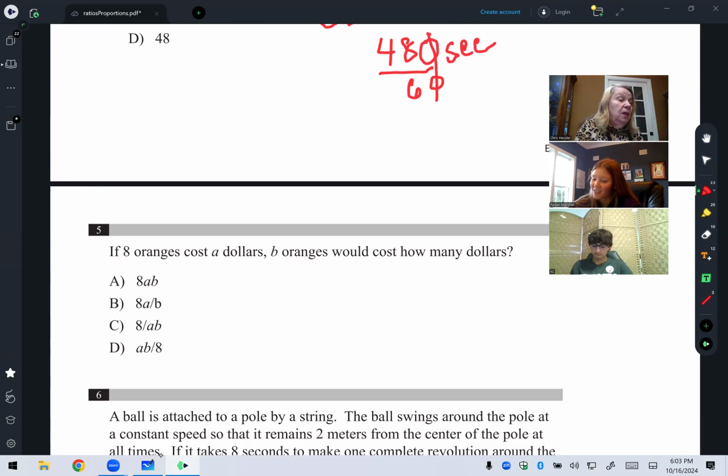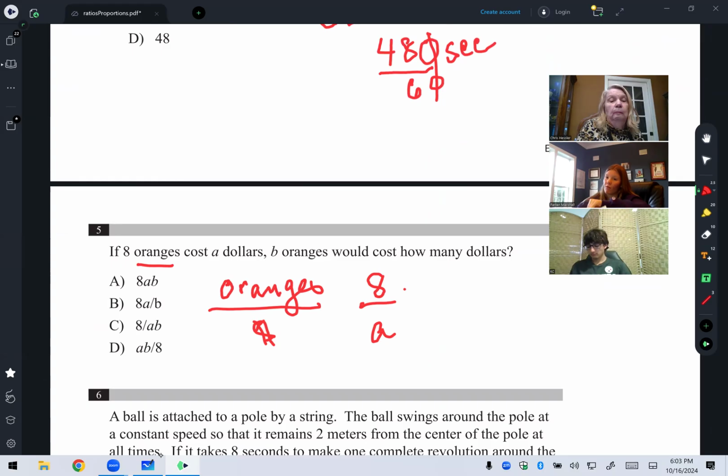Okay, sometimes there might just be only variables in the answer. So we're still going to do oranges to dollars. So we have 8 oranges cost $8. B oranges would cost, we don't know.